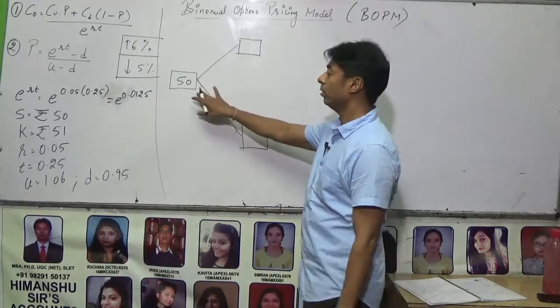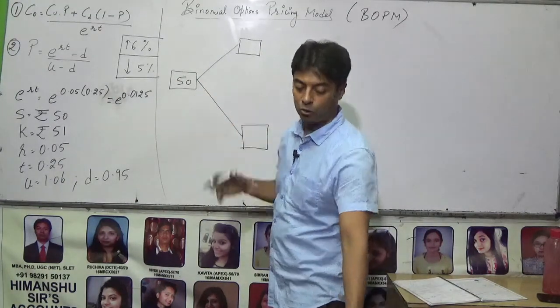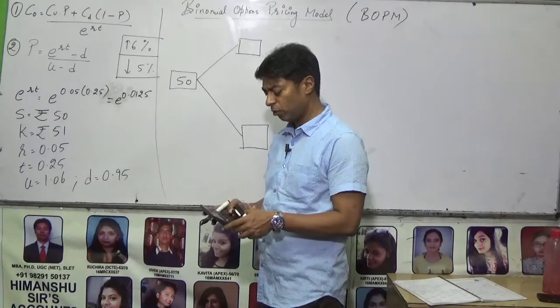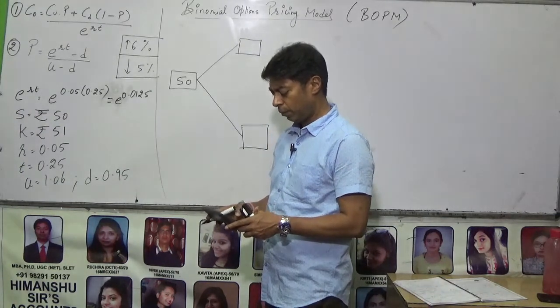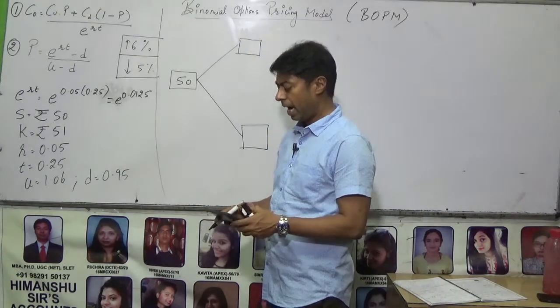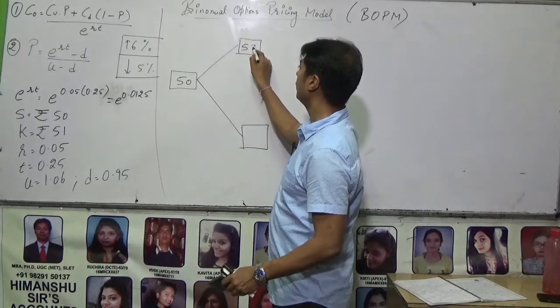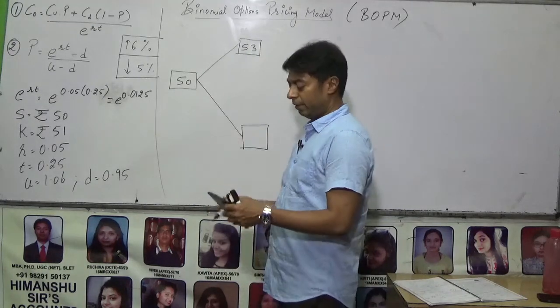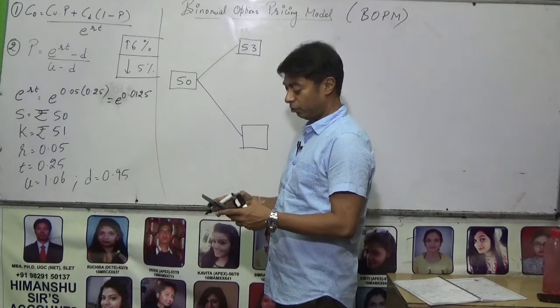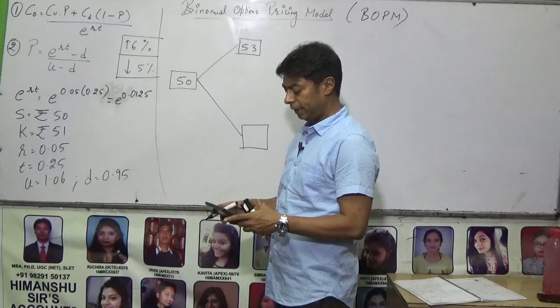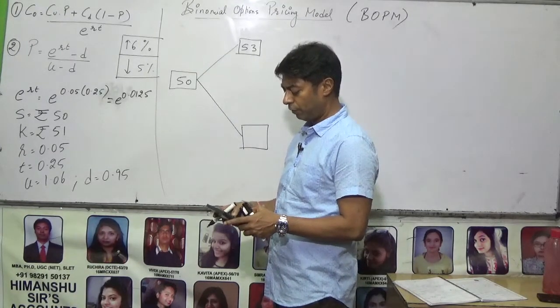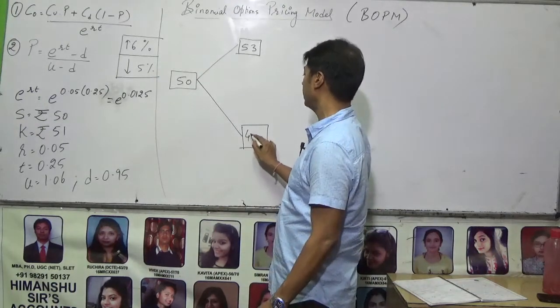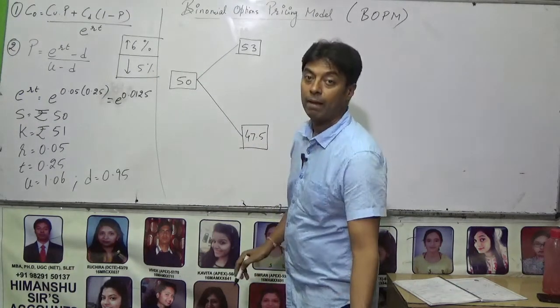So when it is going to be increased by 6%, use your calculators. 50 into 0.06. Adding it, we will get the value as 53. And if the value is decreasing, it is going to be decreased by 5%. So 50 into 0.05, you subtract it, you will get 47.5. Got it?